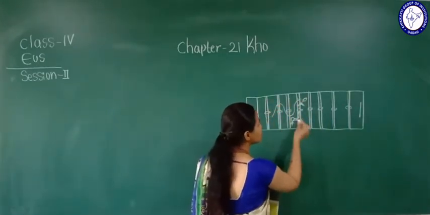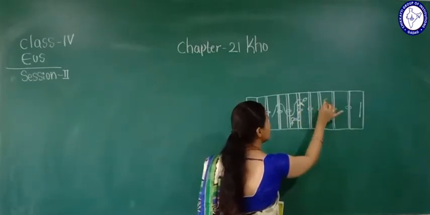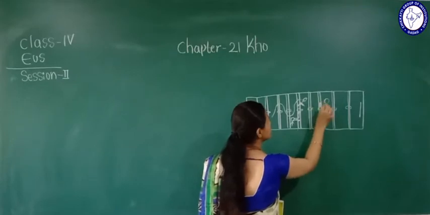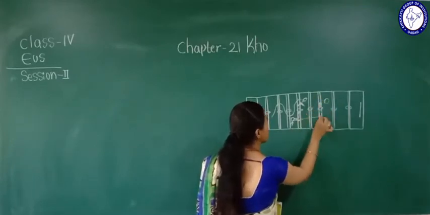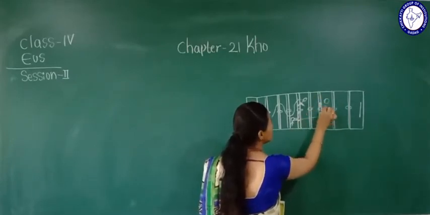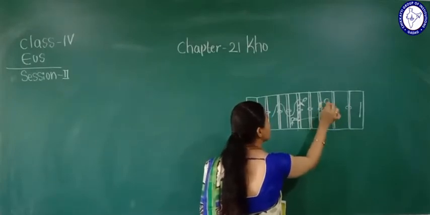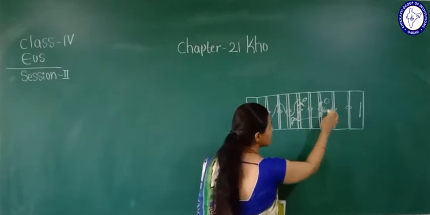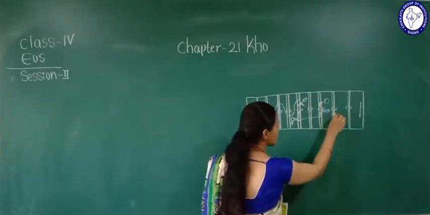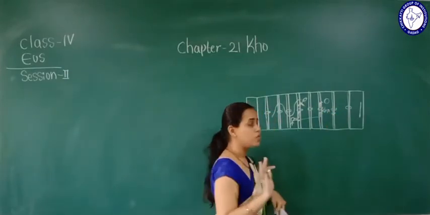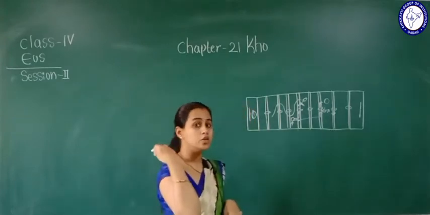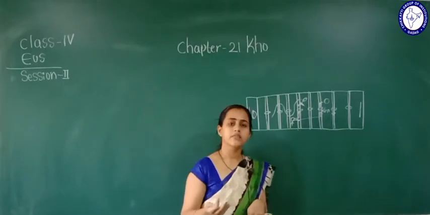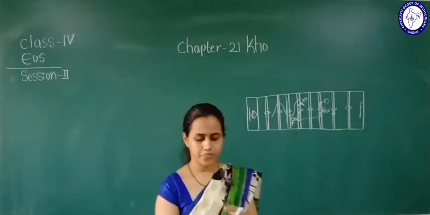So what we have to do, if he is near this person and facing this side, he can give kho. He can stand and run, and he can sit in this place. If he is turning this side, we can't give kho. So we should always give to the back.